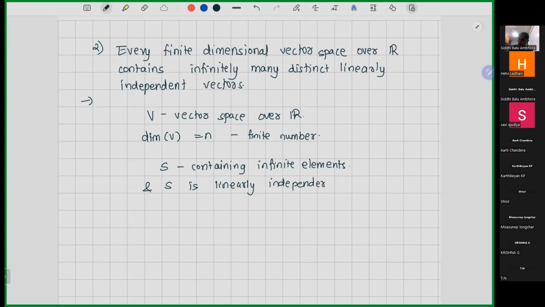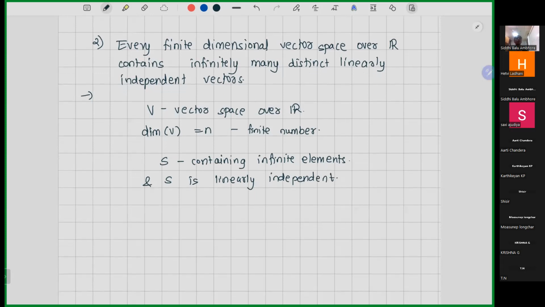Is it true or false? The vector space is given, it has dimension n, and S is a subset with infinite cardinality. I'm asking whether this set S is linearly independent or dependent.